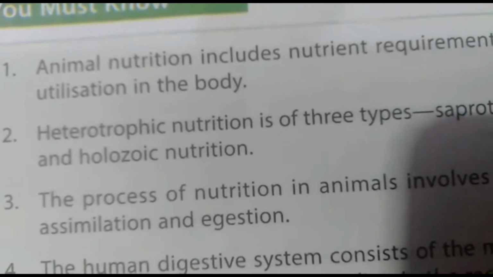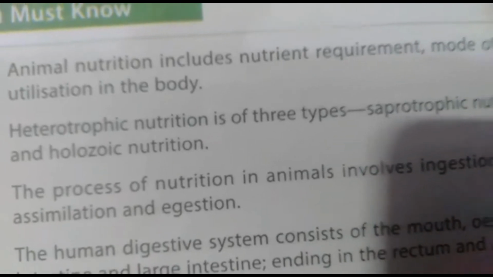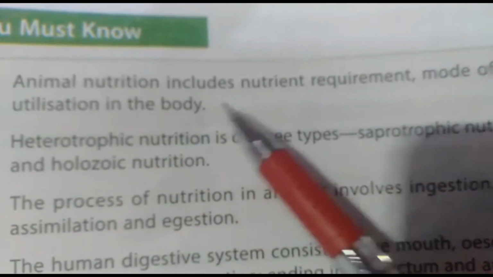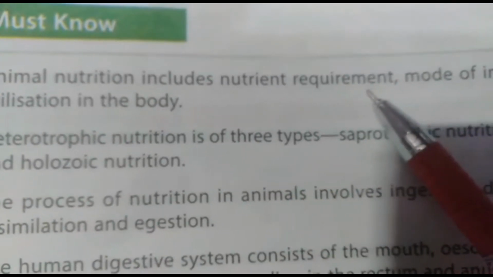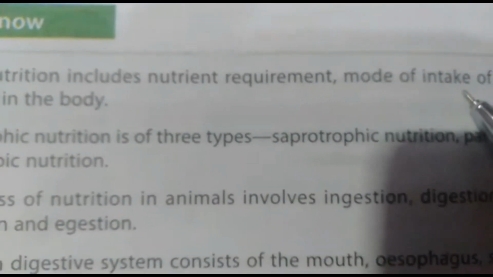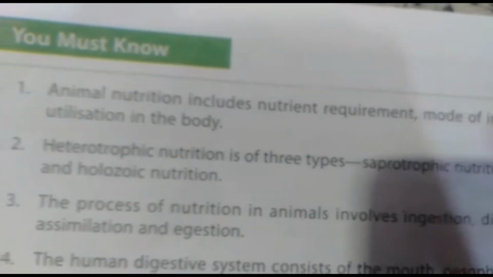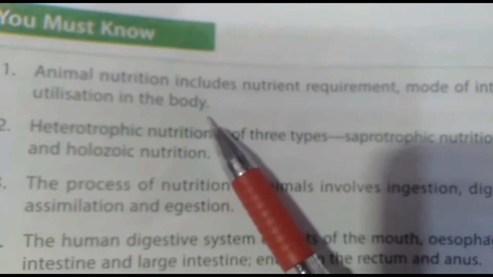Now let us discuss the "You must know" points. Animal nutrition includes nutrients, requirement, mode of intake of food and utilization in the body.